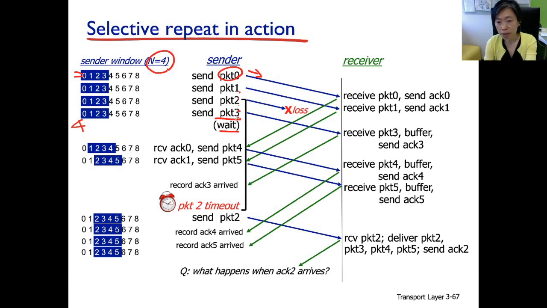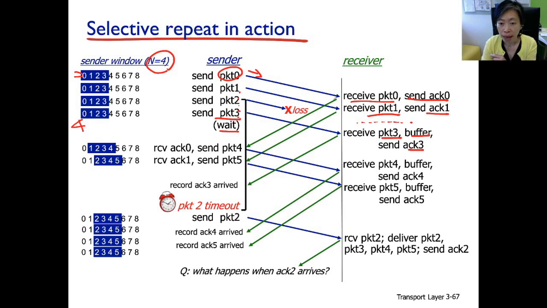Now, over at the receiver side, the scenario is similar, receiving packet 0, but the receiver's action is different. For packet 0, we send individual ACK 0. Receiving packet 1, we send individual ACK 1. Well, not getting packet 2, but we'll be getting packet 3. And it's out of order, so we buffer and send individual ACK 3.